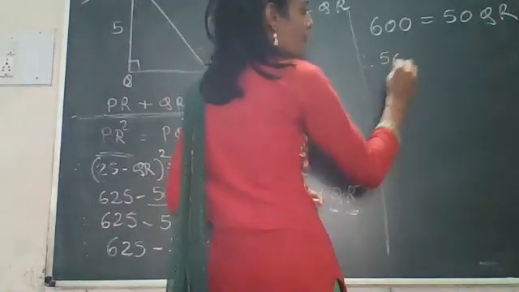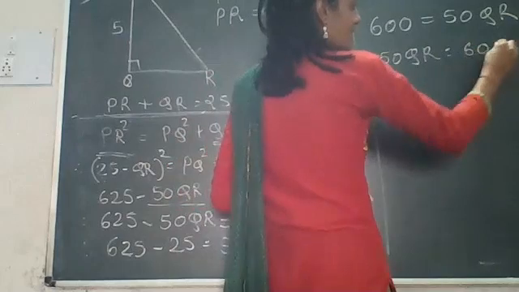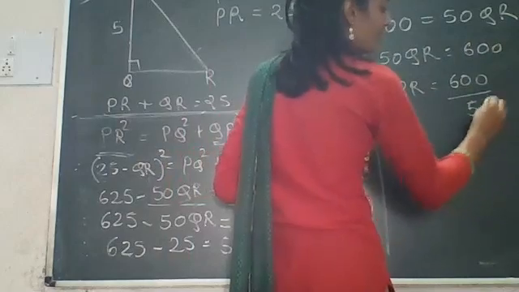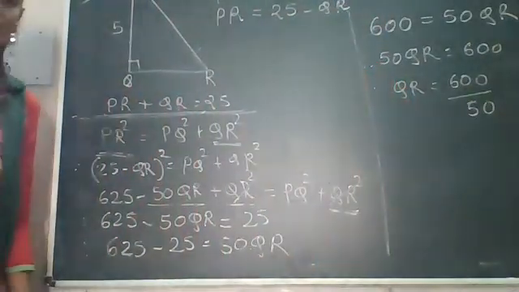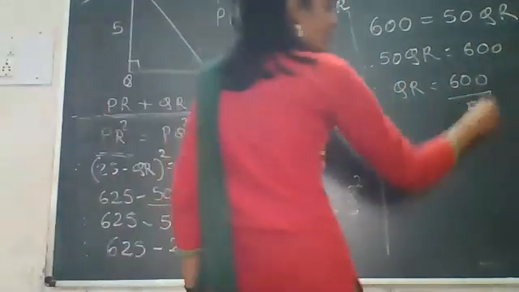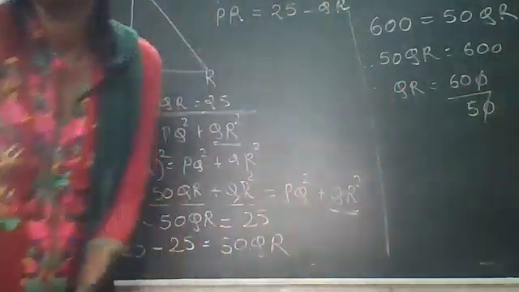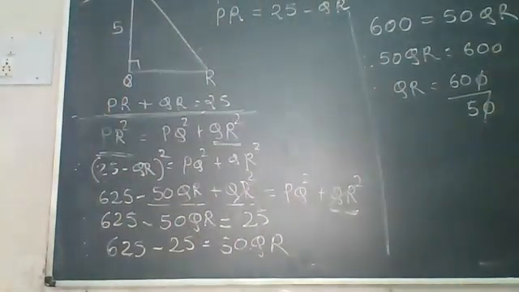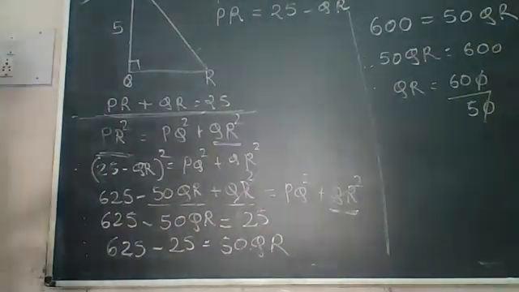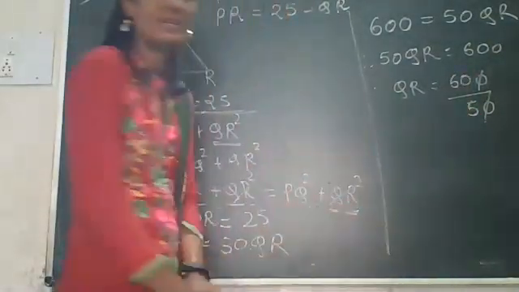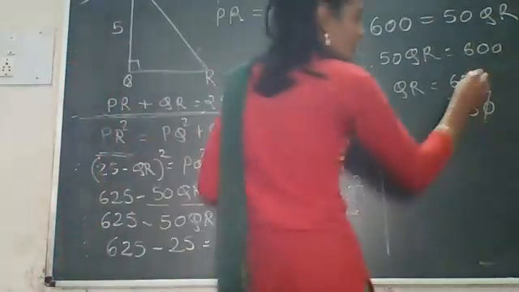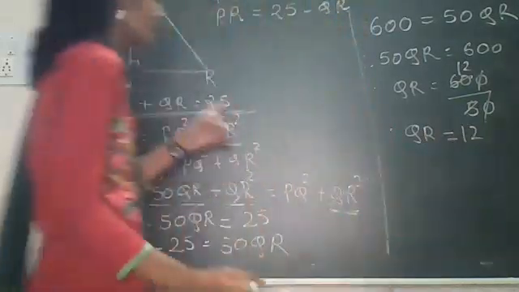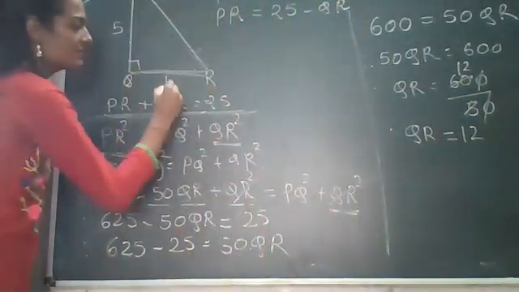So we can say that 50 QR is equal to 600. So QR is equal to 600 upon 50. Right? So here the zeros will cancel out. So 5 twelves are 60. So QR is equal to 12. What value of QR did everyone get? This value of QR is equal to 12.